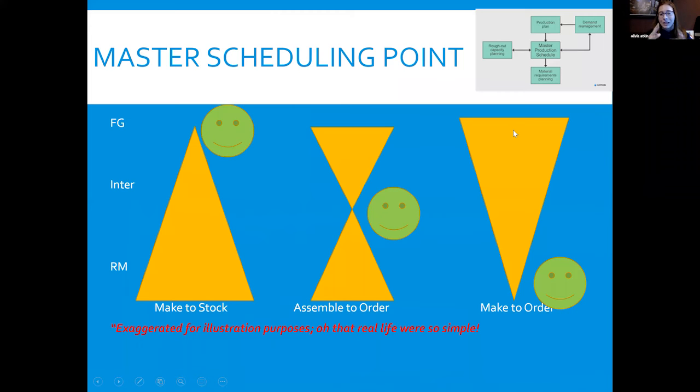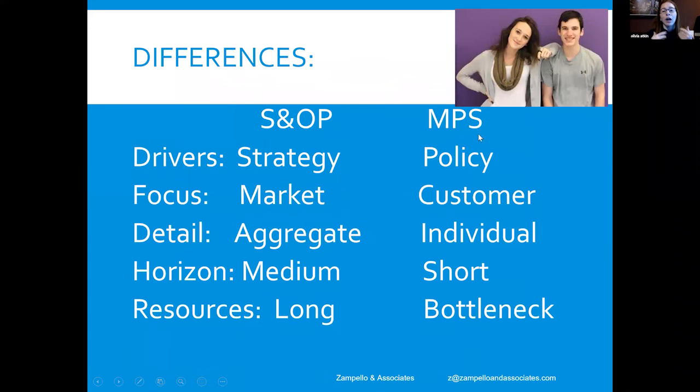Those built-in windows allow us to say, okay, you want to change this, we could still get it to you on time. So that's a big thing with master scheduling too: making sure that you are still delivering on time to the customer within their leeway, but you buffer in some time.